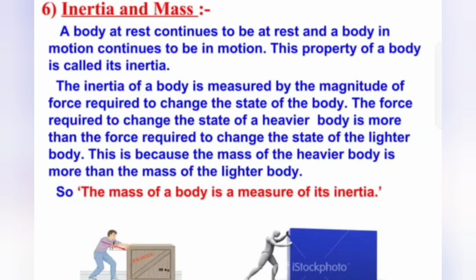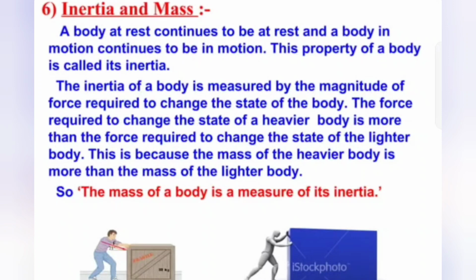Now think, when we are applying a force, what is happening? There is a displacement, right? And there is a mass. So you need to apply more force to a heavier mass, and you need to apply less force to a lighter mass, right? So the force required to change the state of a heavier object is more than the force required to change the state of a lighter object.